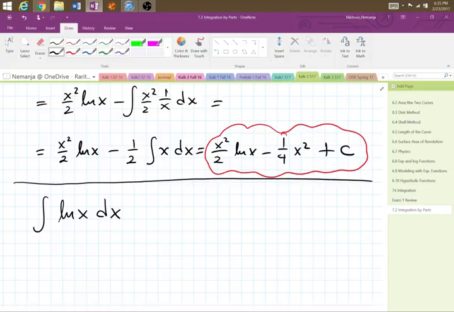So we're supposed to figure out what the integral of ln x is. Finally, after all these years, right? So what is the integral of ln x? How am I going to do this? Well, we think, I know I can differentiate ln x. Therefore, it has to be u, because u is differentiated.